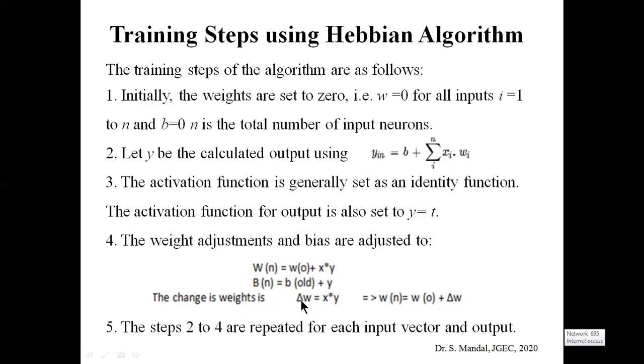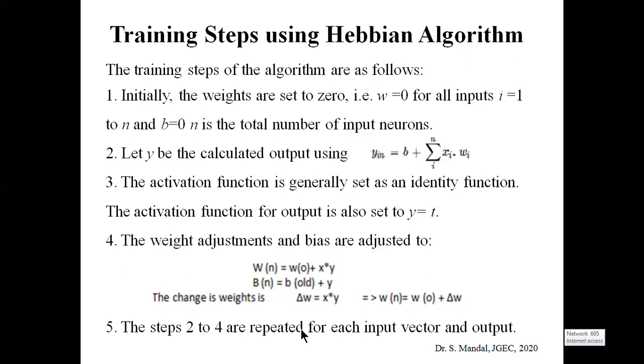The term x into y is the change in the weight, delta w, and the change in the bias, delta b, is only y. This is the weight and bias adjustment formula, and the procedure continues: steps 2 to 4 are repeated for each input and output vector.